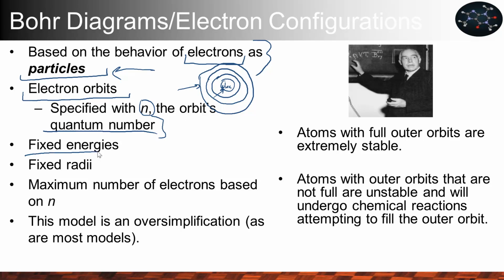Those distances correspond to a certain amount of energy that the electrons had. So this corresponded with the distance of the orbits, how far away they were from the nucleus, with farther away electrons having more energy than the closer in ones.